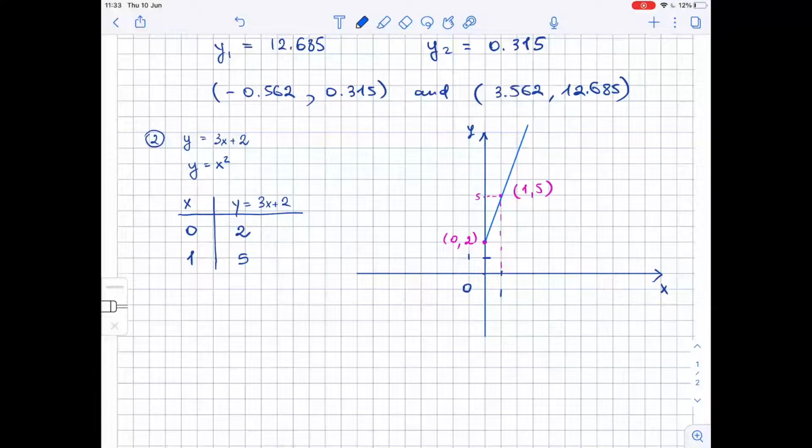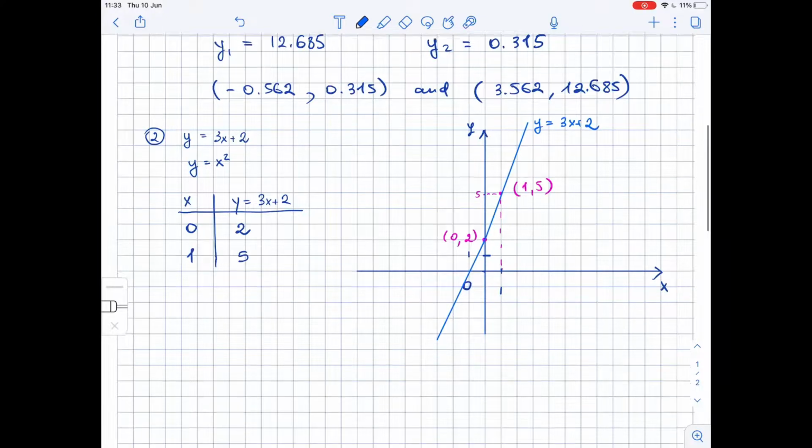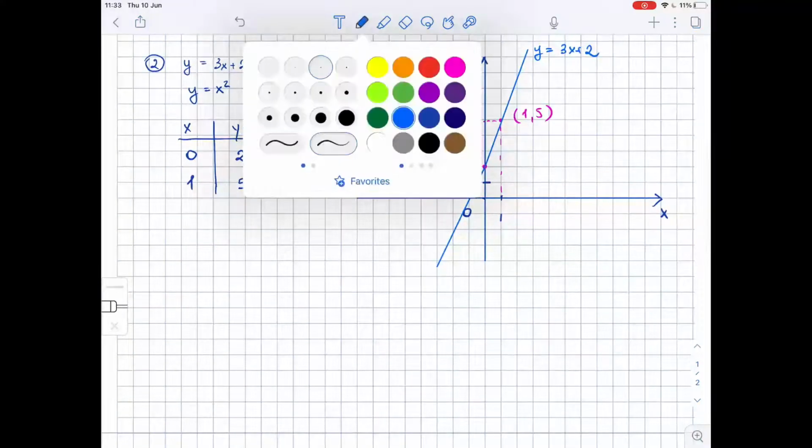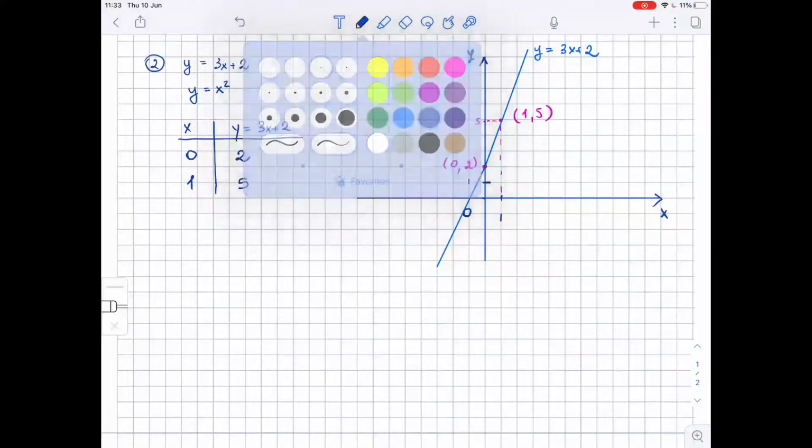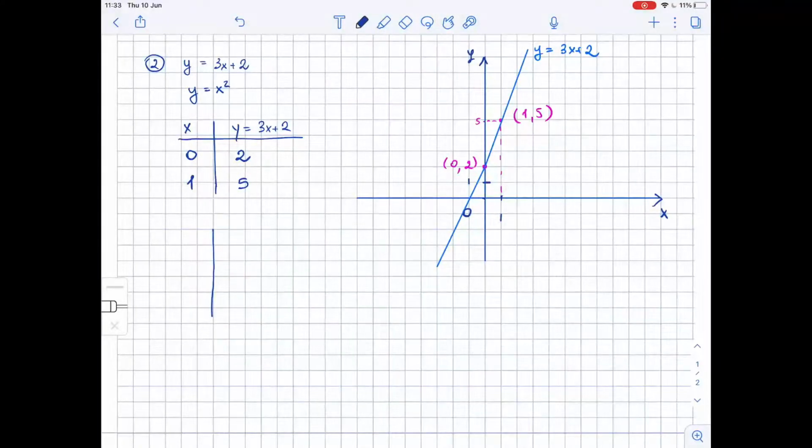Well, and now we can build a line by just connecting these 2 points. So this is the graph of y equals 3x plus 2. And now similarly we will build the graph for y equals x squared.